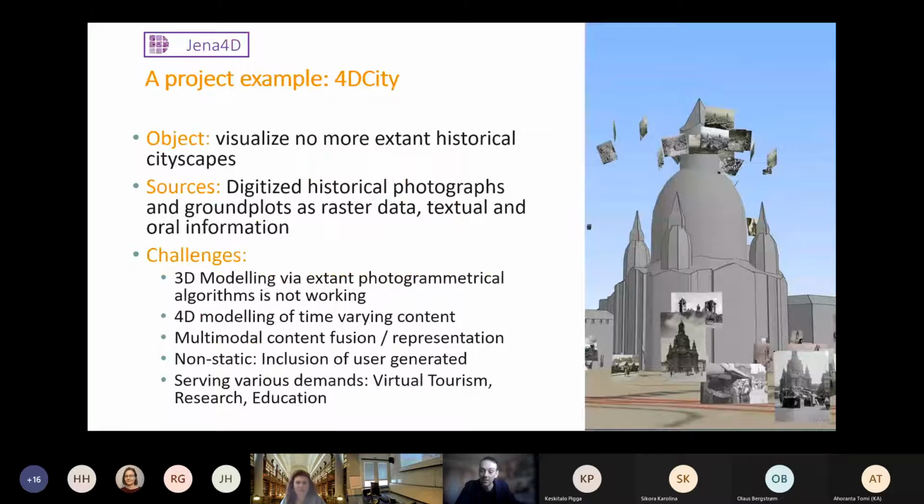The challenge here is that you may know Street View, you may know Google Earth and so on. The technical approaches used for those presentations do not work when dealing with historical material. So a big challenge for us is how to deal with historical content and, of course, sparse information, not fully accessible historical content, and so on.